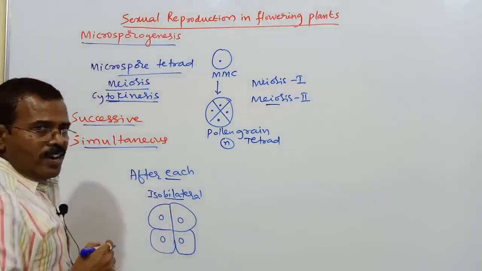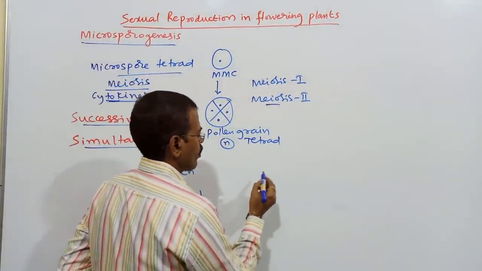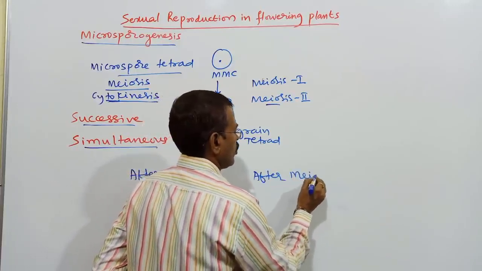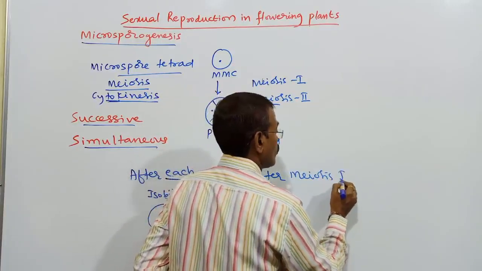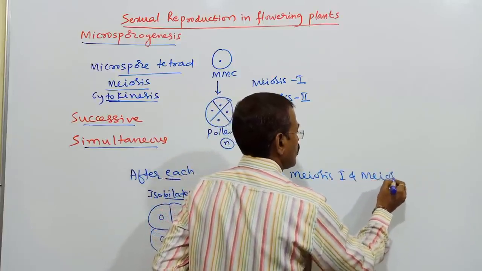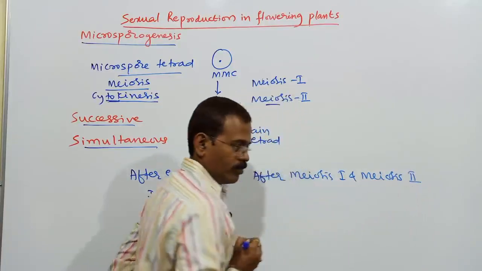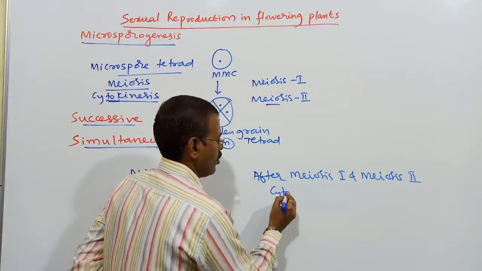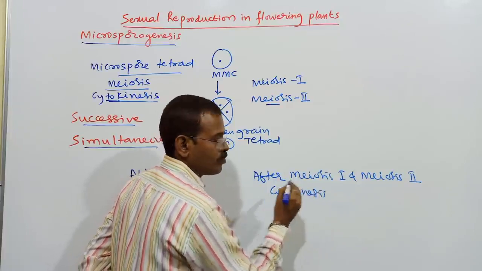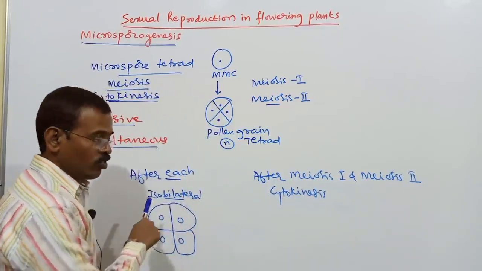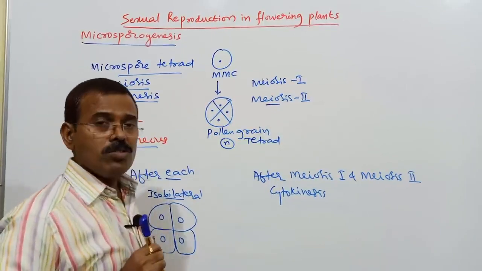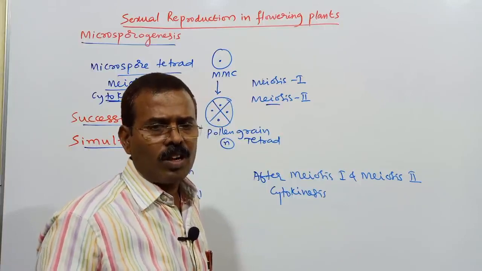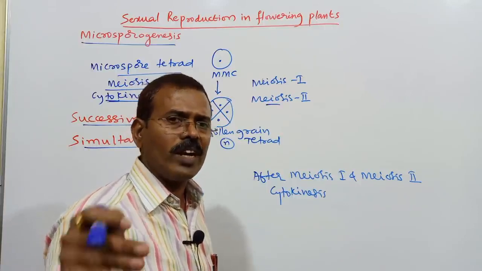So in simultaneous cytokinesis, after meiosis first and meiosis second, completely after meiosis there will be cytokinesis. In this successive, what I told, after each meiotic division there is cytokinesis: meiosis first, then cytokinesis, after meiosis second, cytokinesis.